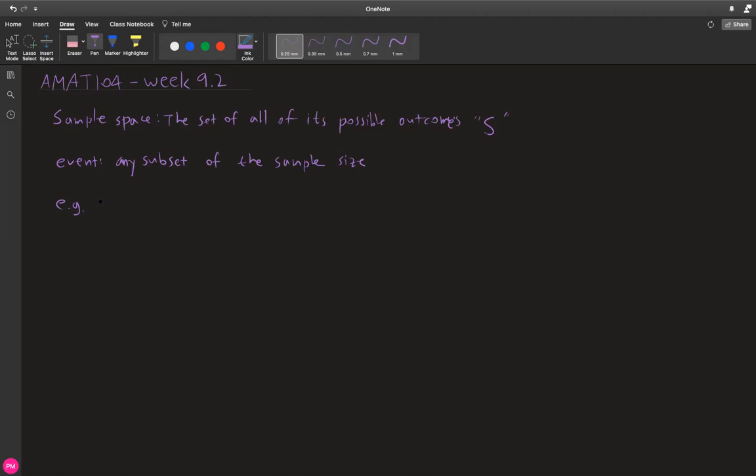Find the sample space. Using set notation, write out the sample space of the following.